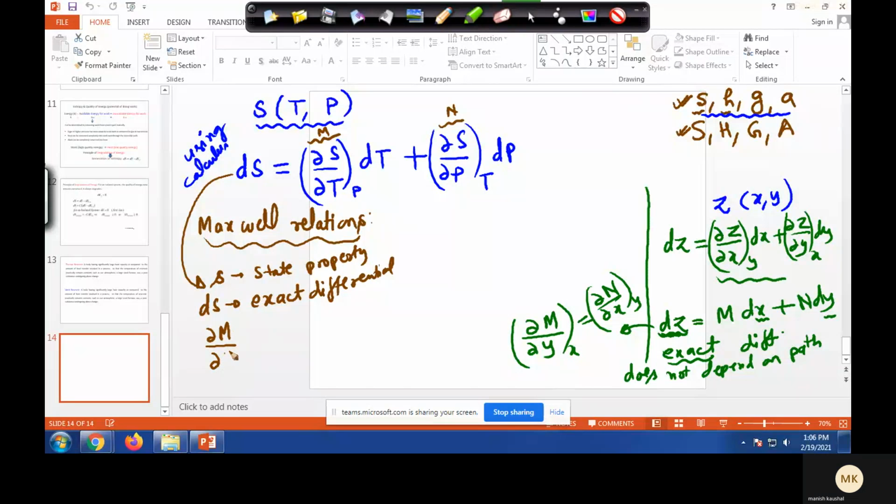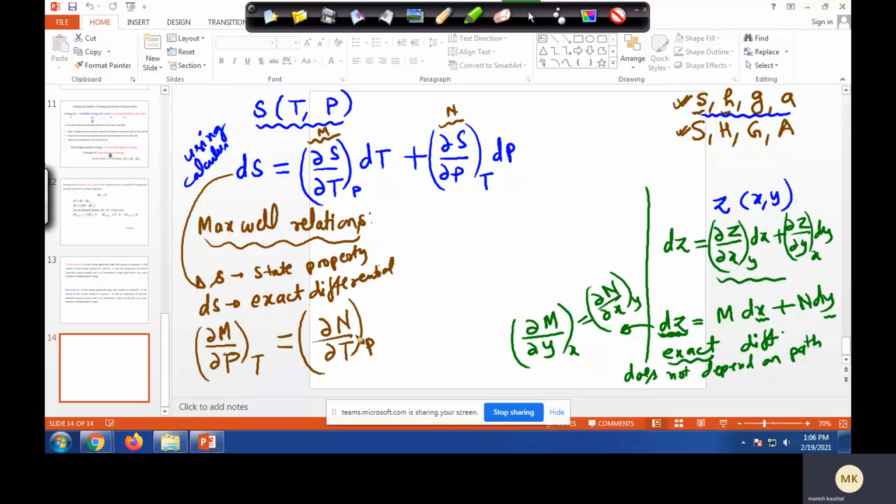Dou M by dou P at constant T should be equal to dou N by dou T at constant P, and that you can check will get satisfied.